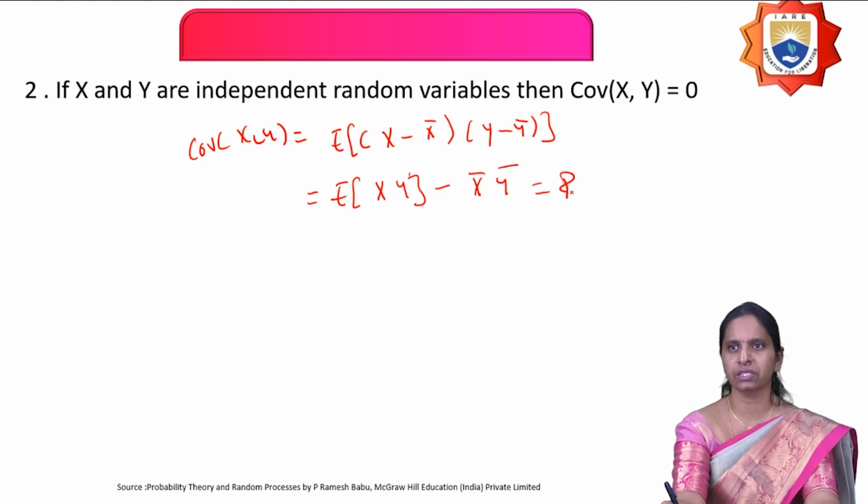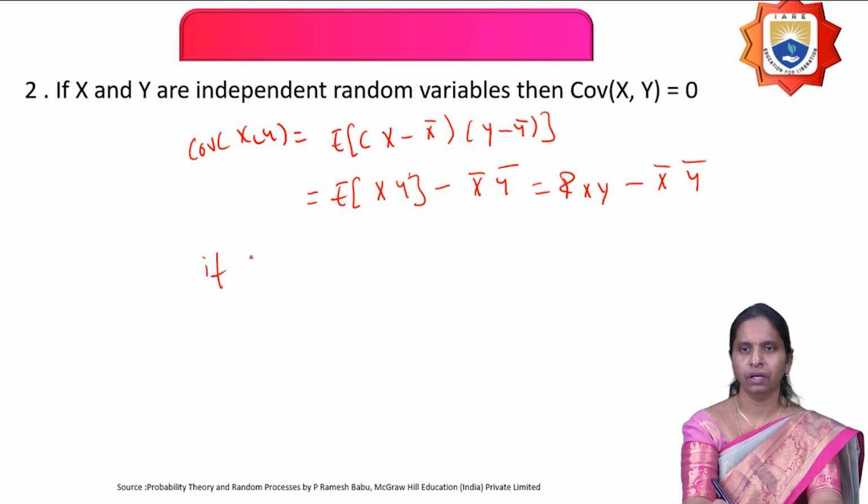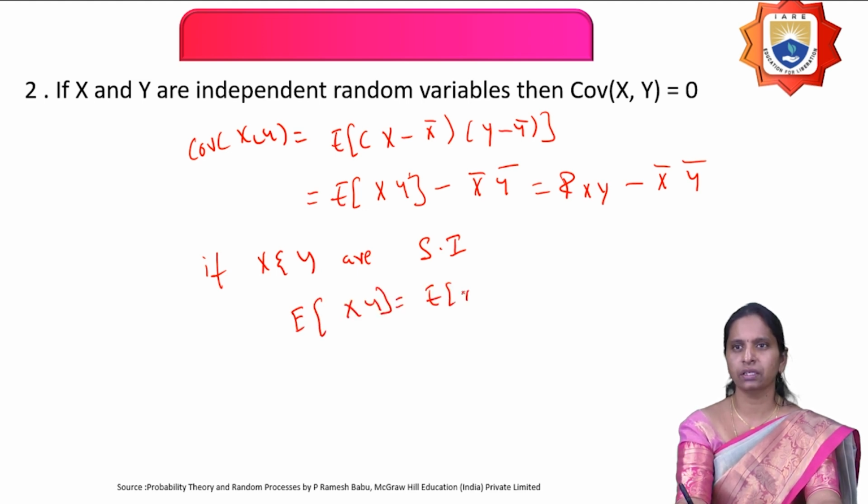Here E of xy is the correlation r xy. So if x and y are statistically independent random variables, then E of xy is equal to E of x into E of y.